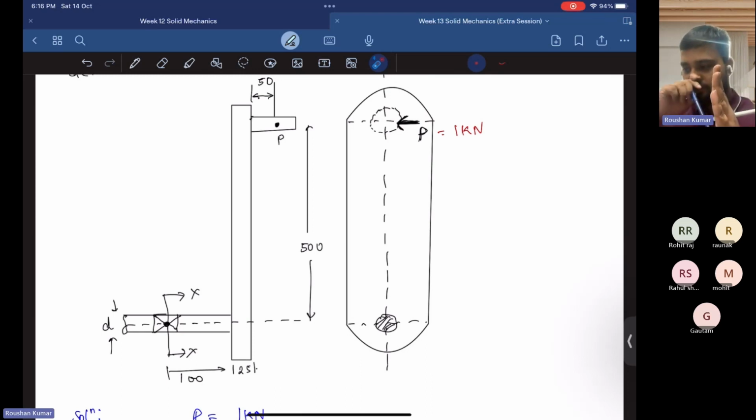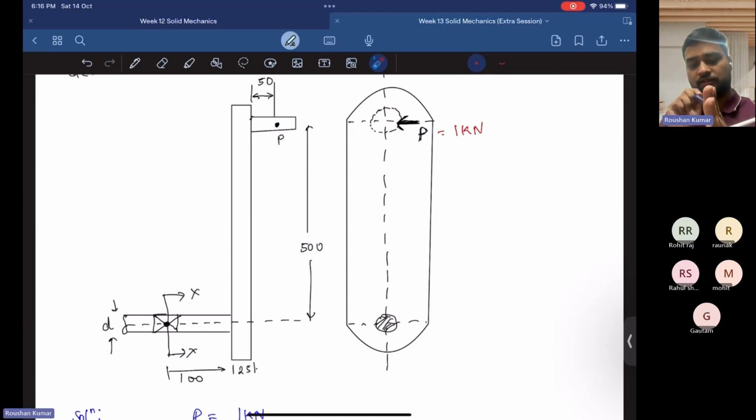If you see in the figure, a load this way is applied. So if you see from this point, that is from the point of the crank pin, you see a bending moment about this axis, the x-axis. This is the x-axis, and this is the load acting. So about this point the bending moment will happen.